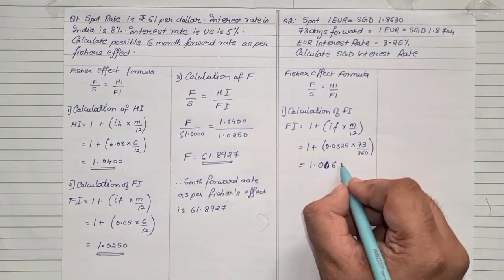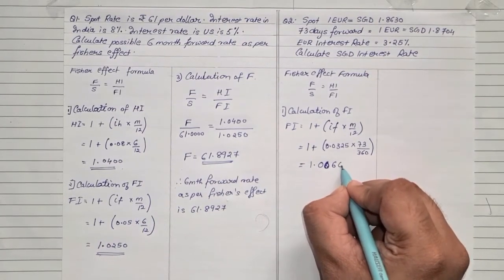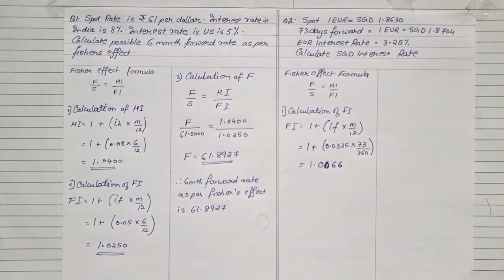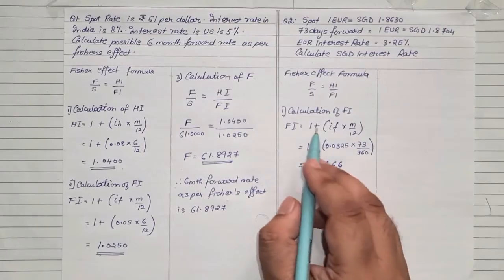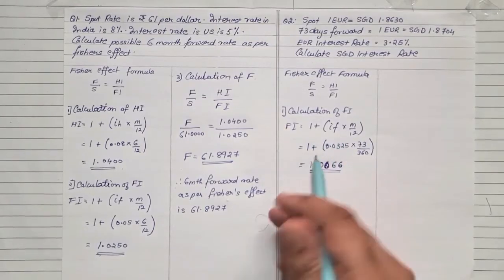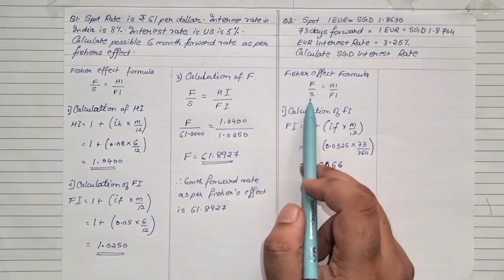It can be 65 or we can even write it as 66 if you want to round it off. So I'll write it as 66. Okay, calculation of FI. So I have got the value of FI. F is already there, S is already there.